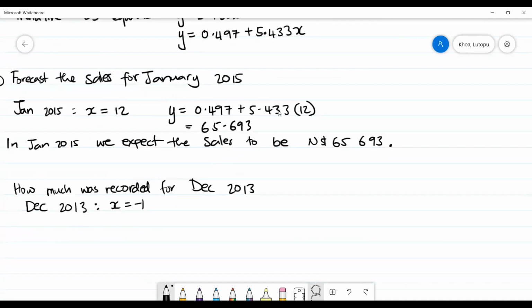Then we substitute it in the formula in the same way. So Y is equal to 0.497 plus 5.433, and then we multiply by -1.